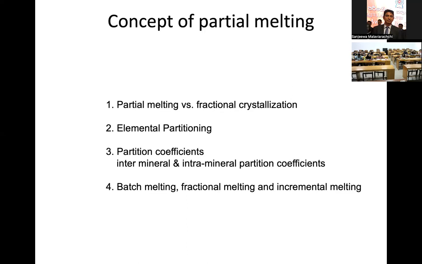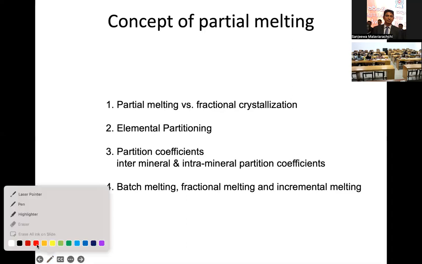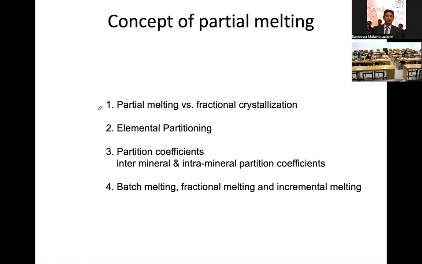And then another important thing is elemental partitioning. Elemental partitioning means the exchange of elements between the residue and the melt. So we have a residue and we have a melt, right?